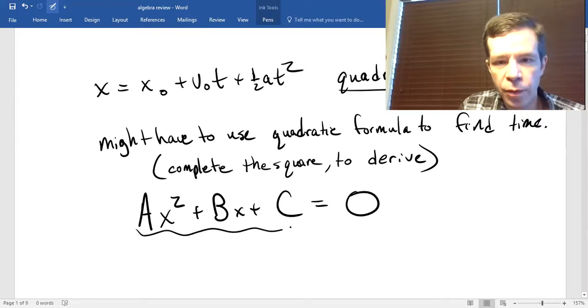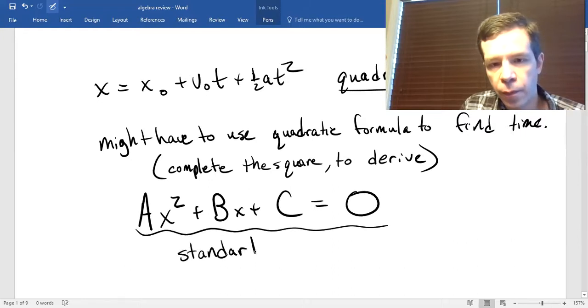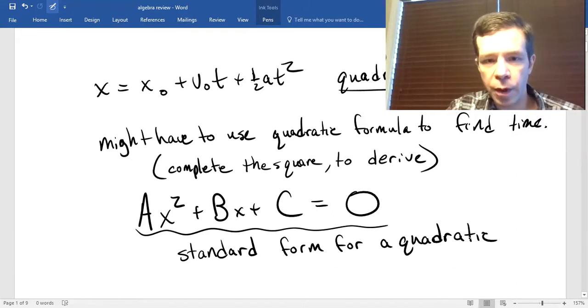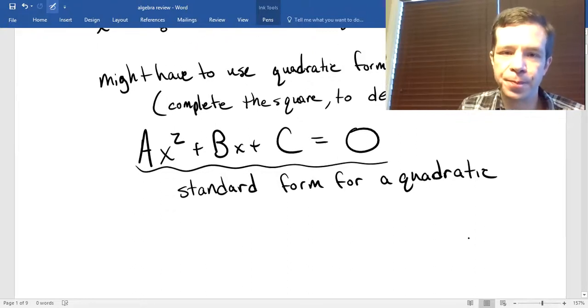All right, but if we just take the quadratic formula at face value, this is our standard form for a quadratic. This is the form that you would be in to complete the square to solve for the quadratic formula.